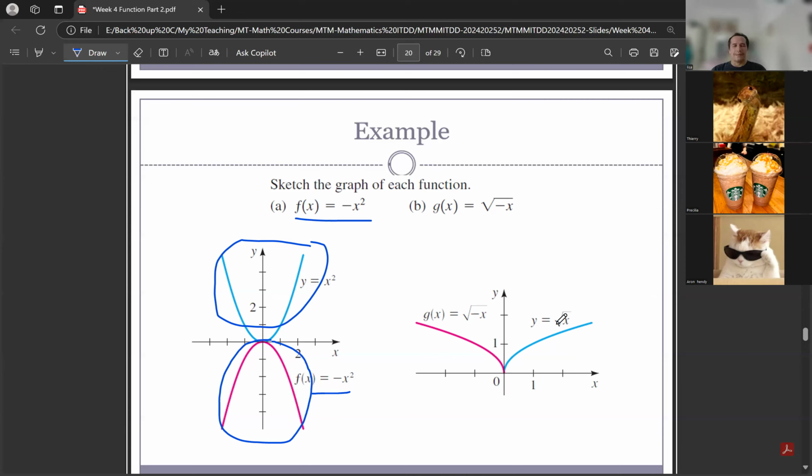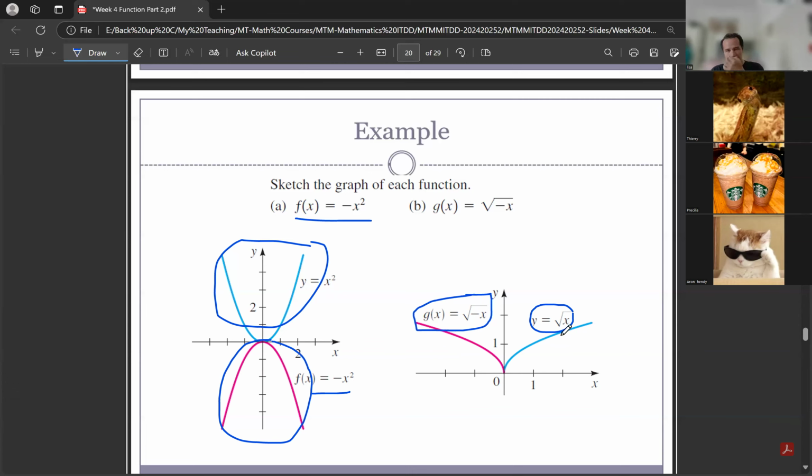And in part B, the original is the square root. So you must know the original function. Then from the original, we can apply some transformation to become the graph we have.